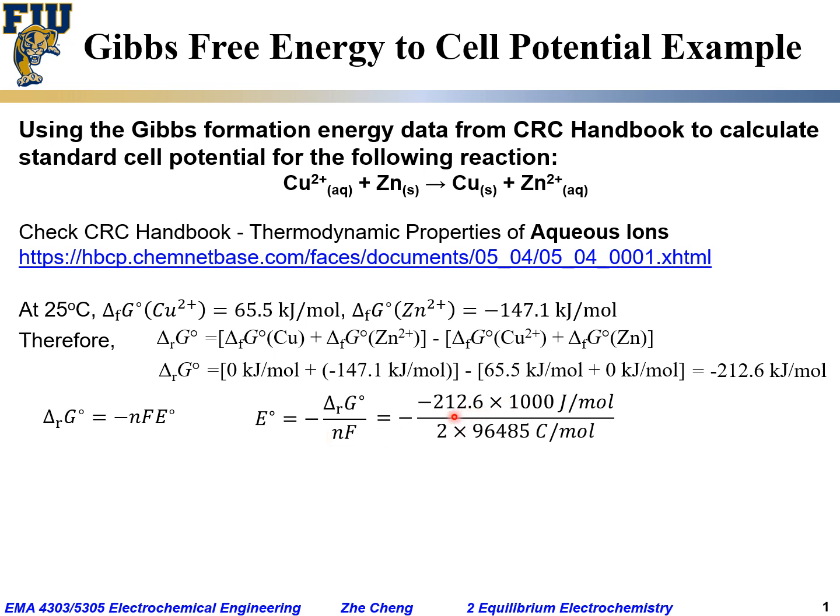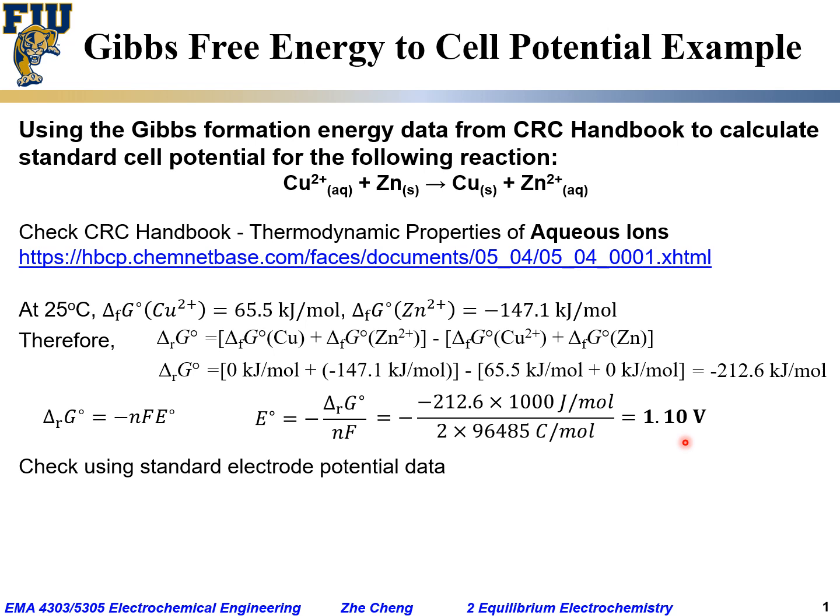So we plug the numbers in: minus 212.6 kilojoule per mole, times 1000 joule per mole, divided by n, which in this case is obviously 2, times F. And this is what we got: 1.10 volt. For such an overall cell reaction, the standard cell potential is positive, which means it is spontaneous, and the value is 1.10 volt.